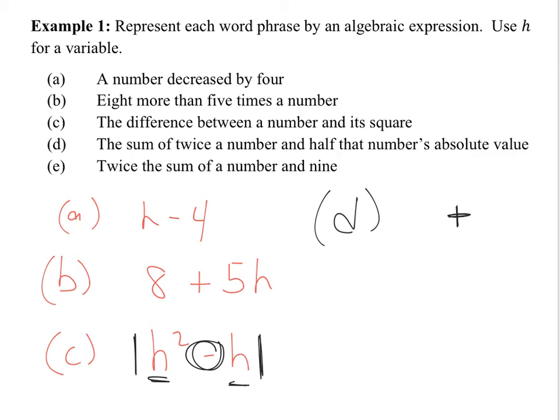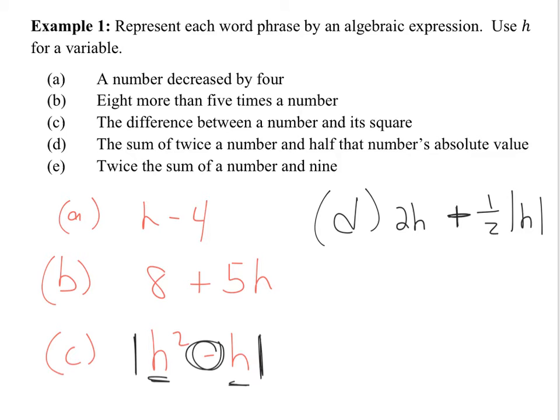When I hear the sum of twice a number, how do you represent that? 2h. So I know I have the sum of twice a number and what? What's the other part that I have to fill in? So half of absolute value h. So the sum of, I'll point as I speak, the sum of twice the number and half that number's absolute value. Okay? So twice the number plus half the absolute value of that same number.